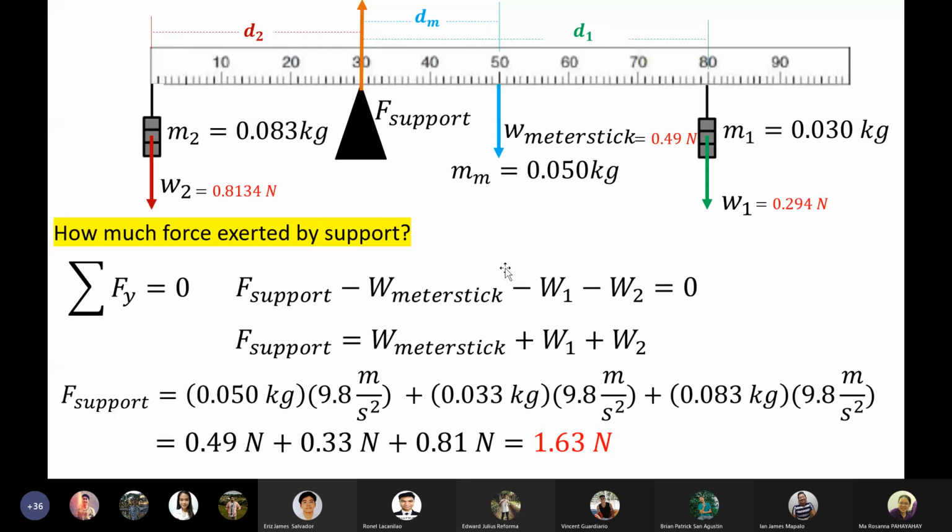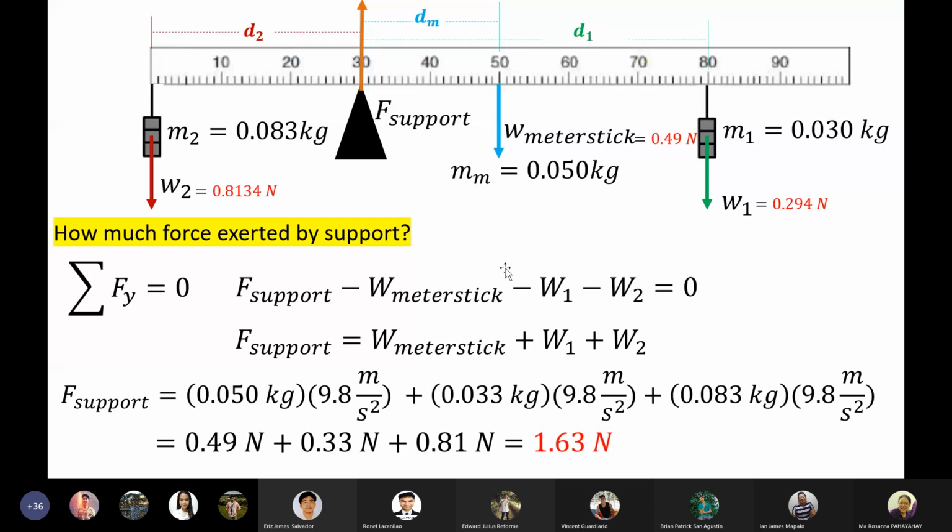So only the F support is positive. The weight of the meter stick, weight 1 and weight 2 are negative because they go downward. The position of forces is not important in the first condition of equilibrium, because we are not talking about moment. We have no moment arm here. We just substitute the values of the forces. Since we are looking for F support, we move these three weights to the other side.